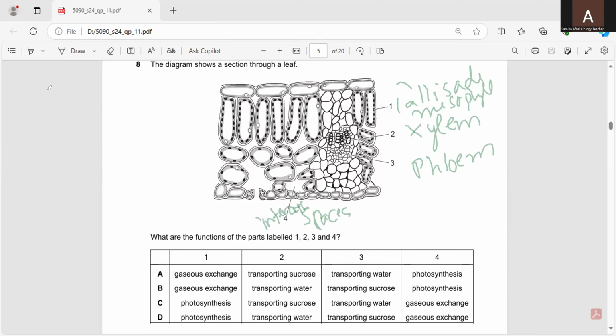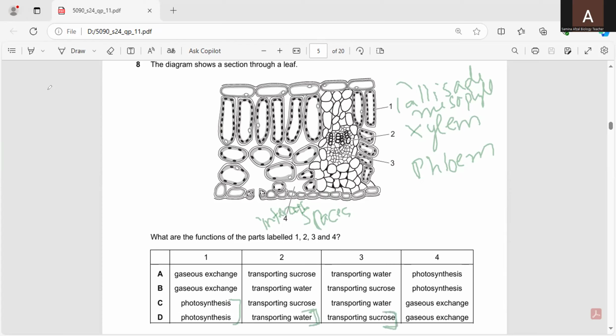So what is the function of palisade mesophyll? The function of palisade mesophyll is photosynthesis. The function of xylem is to transport water. The function of phloem is to transport sucrose.